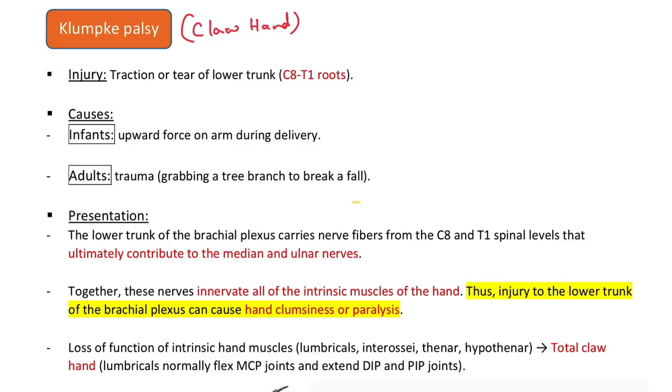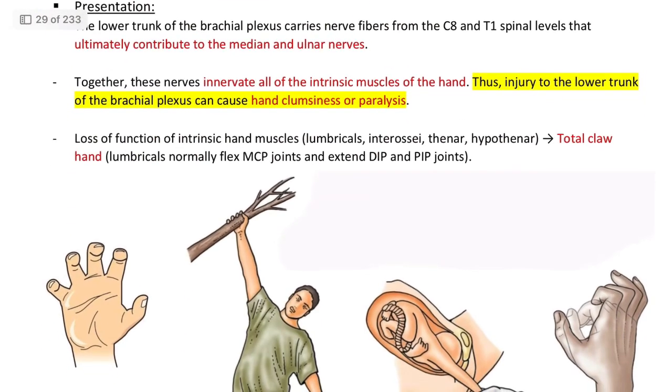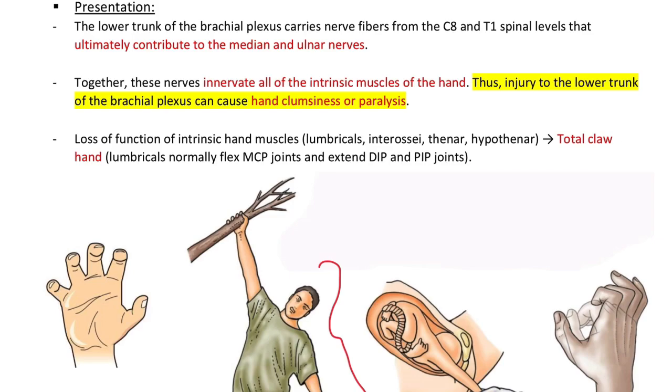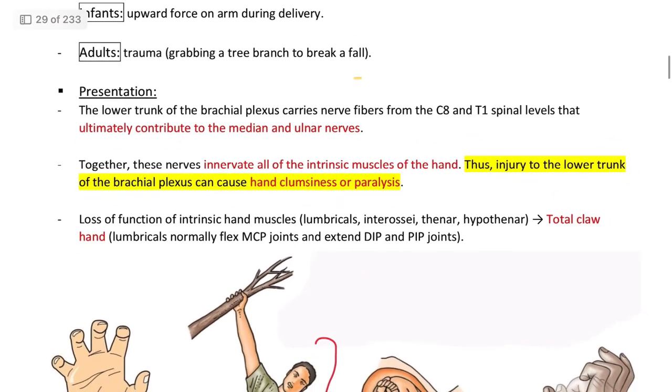In causes, in infants we can see upward force on the arm during delivery. So in infants, if the arm is pulled during birth, the patient will get this Klumpke's palsy. And in adults, mostly we see grabbing a branch to break a fall. That means trauma, like grabbing a tree branch to break a fall. For example, in this image, this adult is grabbing a tree to break a fall, holding it like that, and the patient will get this type of claw hand.